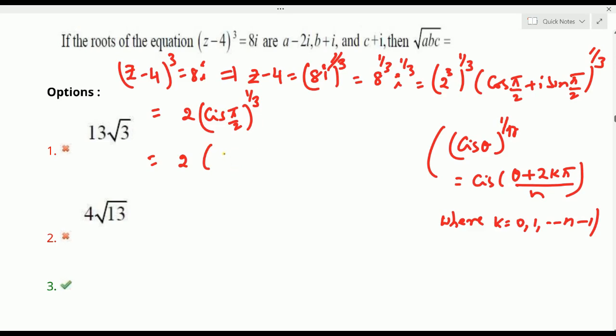There is pi/2, so pi/2 plus 2k pi by n, and in place of n there is 3, since the whole power is 1/3.